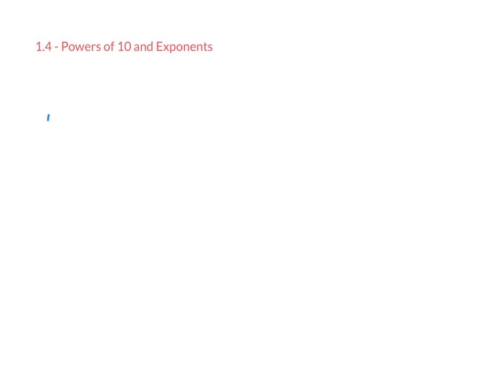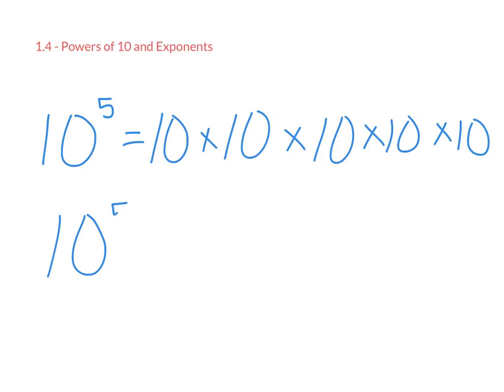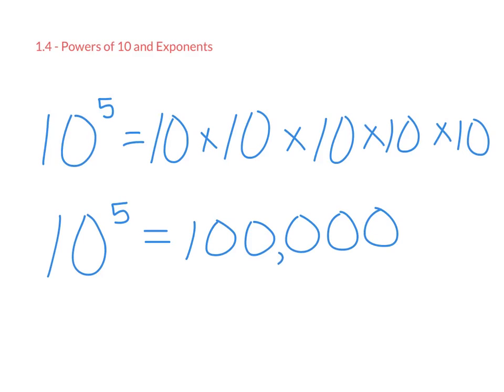Let's say we have 10 to the fifth power. That means we're multiplying 10 5 times. So 10 times 10 times 10 times 10 times 10. And if you multiply that out, you find out that 10 to the fifth power is equal to 100,000.